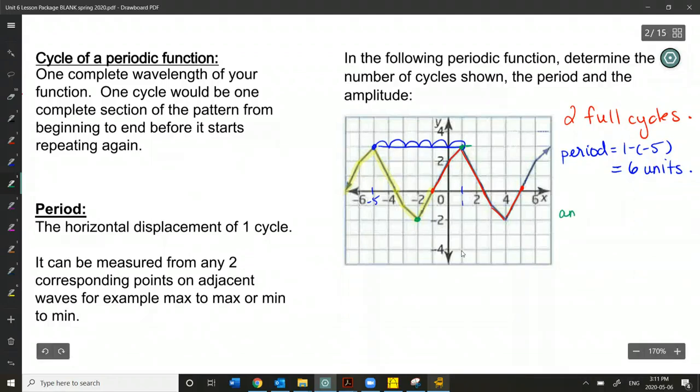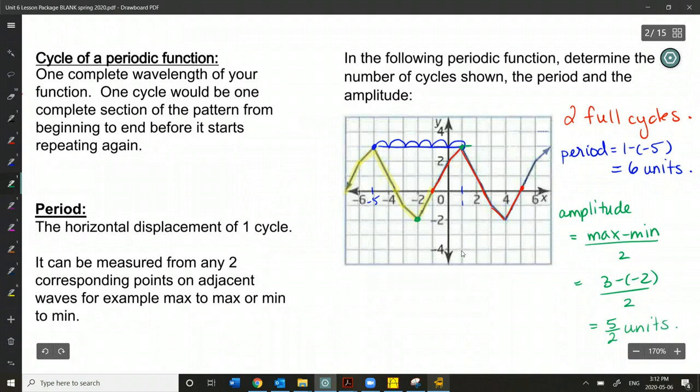So when we calculate amplitude, we're going to do max minus min over 2. Or you can simply count the number of units from minimum to max and divide that in half. So here we would get 3 minus negative 2 over 2, which gives us 5 over 2 units. Okay, and we'll leave that in exact values there. 5 over 2.